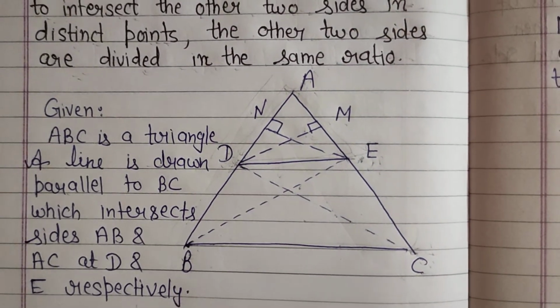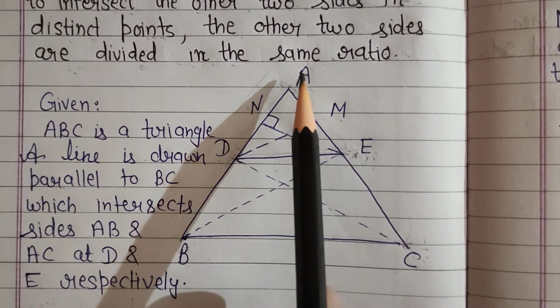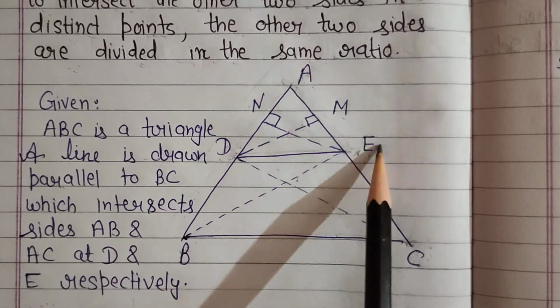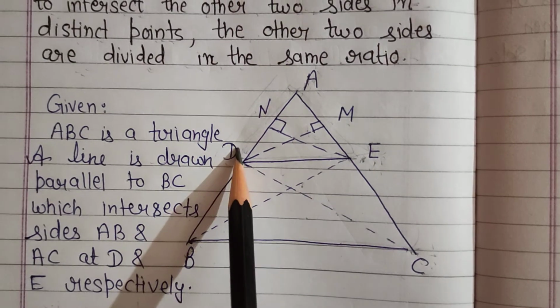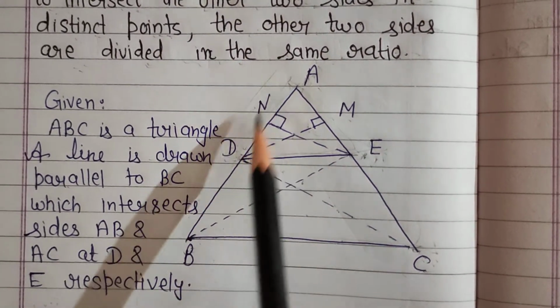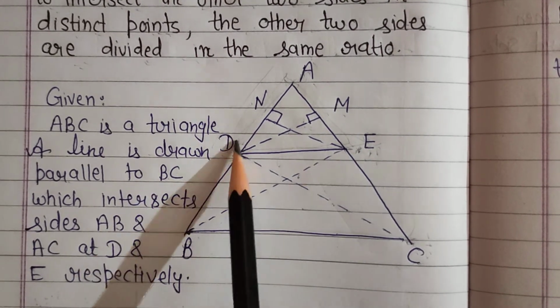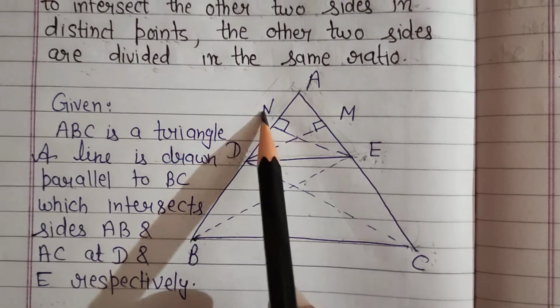Now for this I am taking the ratio of the area of triangle AED and triangle DEB. Area of triangle AED is equal to 1 by 2 into AD into EN, and the area of triangle DBE is equal to 1 by 2 into DB into EN.